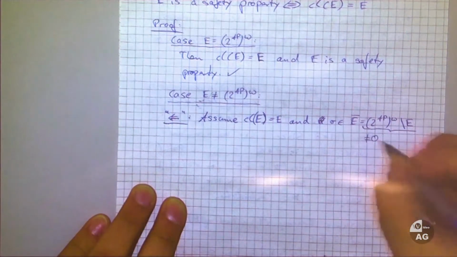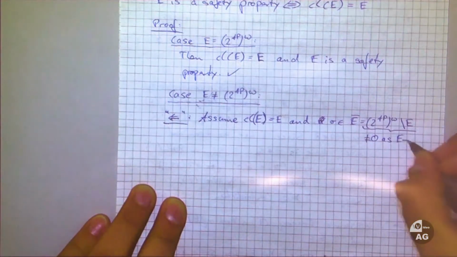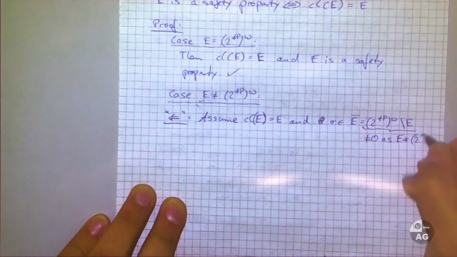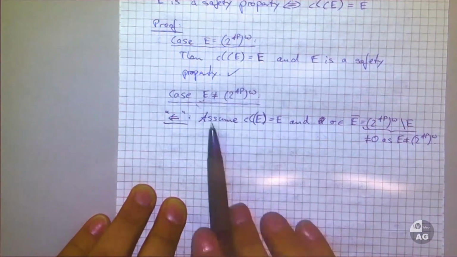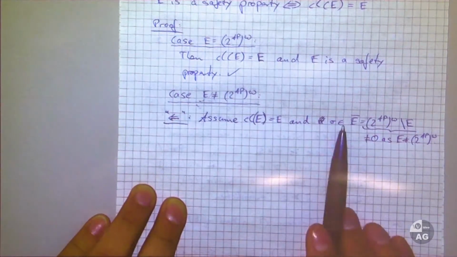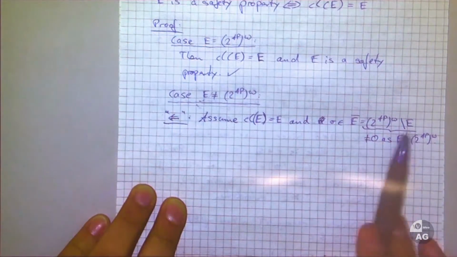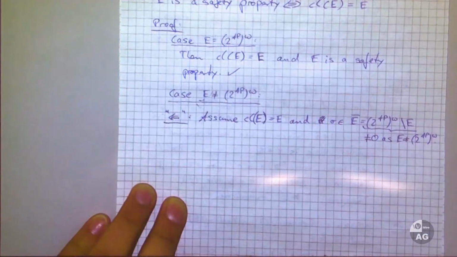It's non-empty because the set E is not the set of all infinite words. So we assume that the closure of E is E itself, and we just take one word of the complement, and there must be such a word in the complement because we're not talking about the set of all words to begin with.